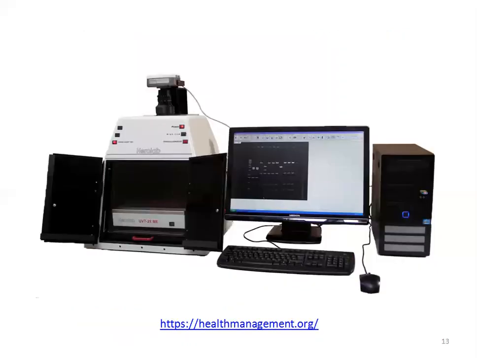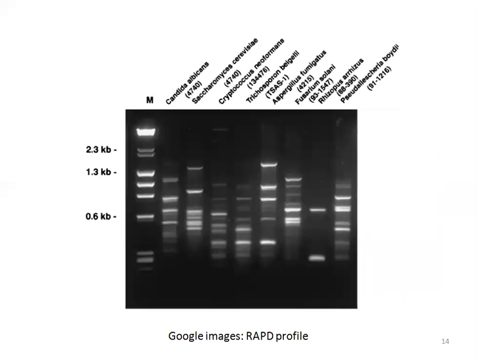And then you will visualize the gel by using the gel documentation system. And then here you can see the RAPD profile. This picture shows the comparison of randomly amplified polymorphic DNA from species and strains after gel electrophoresis.